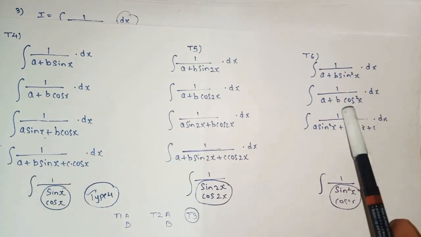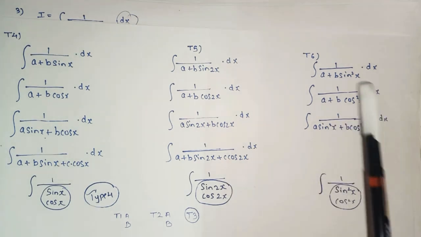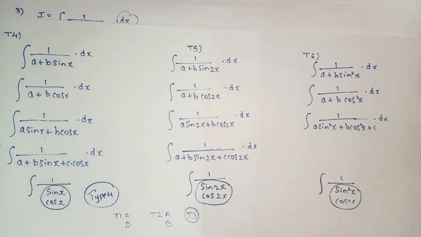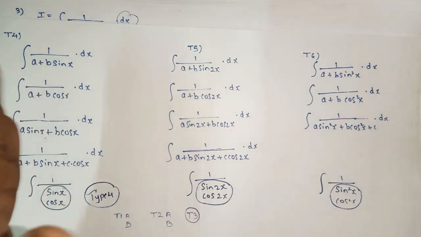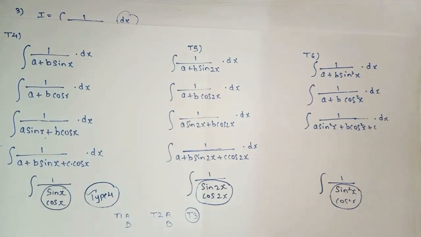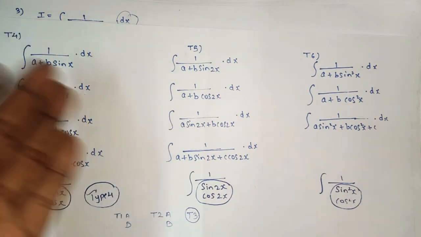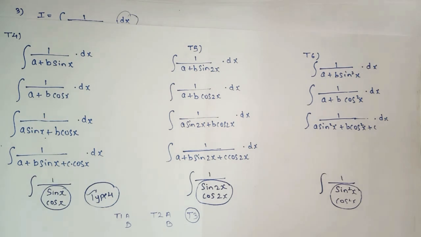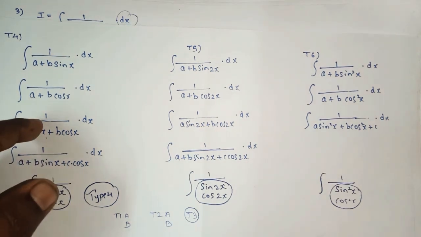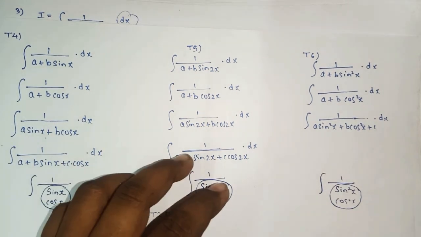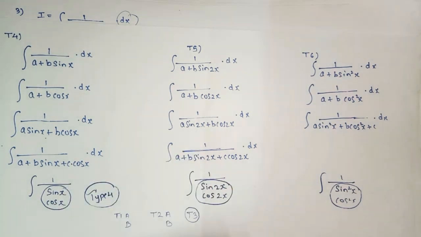And in type number 6, sine and cos will be replaced by sine square x and cos square x. So that's the difference between type number 4, 5 and 6. I hope you all understood type number 4 in all the cases, whether it is sine and cos. As here we took three examples, here also we'll see 2-3 examples based on type number 5. So let's begin with type number 5.